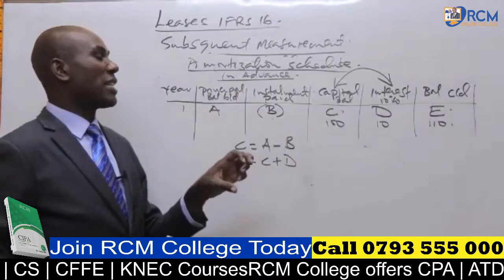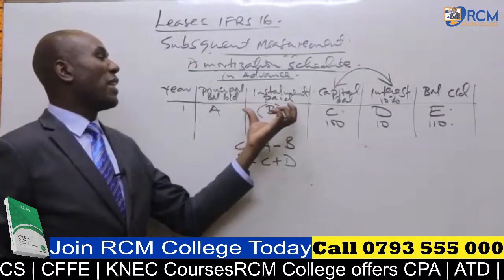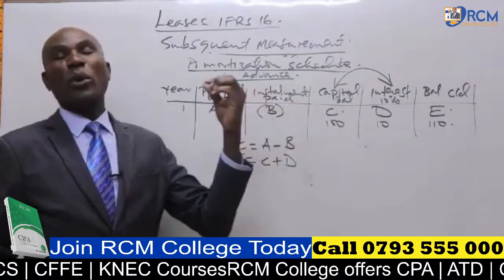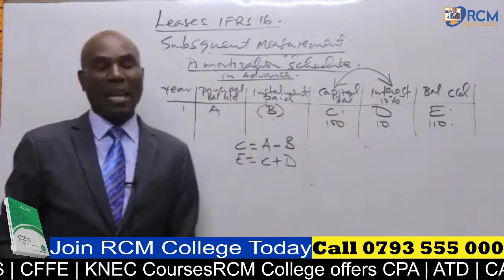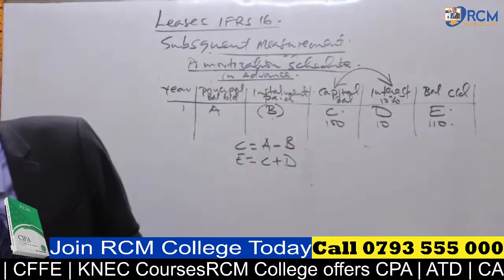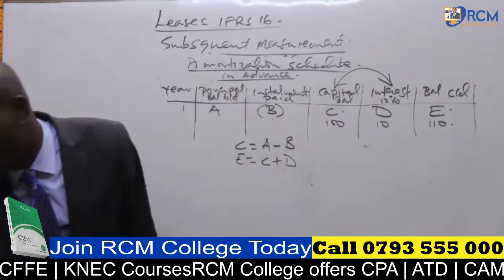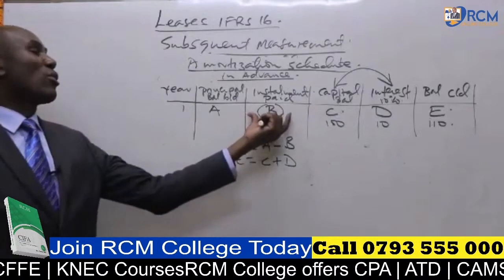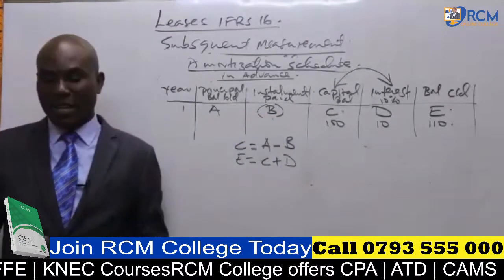I'm charging the interest on January, and I'm paying the installment on January. Therefore, this installment I'm paying will not attract interest. That is why I'm subtracting before I get the capital balance. Therefore, it's like reducing balance, because I'm reducing the principal balance by the installment.